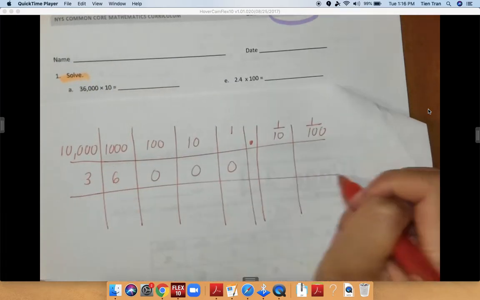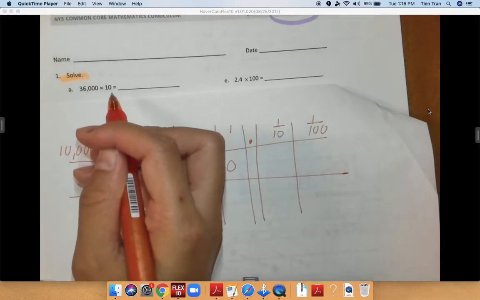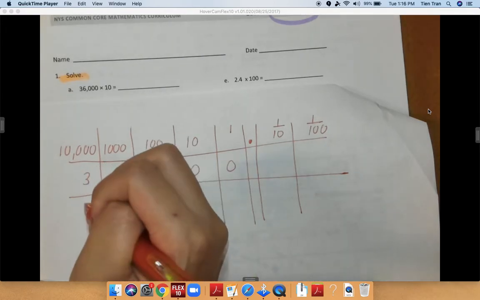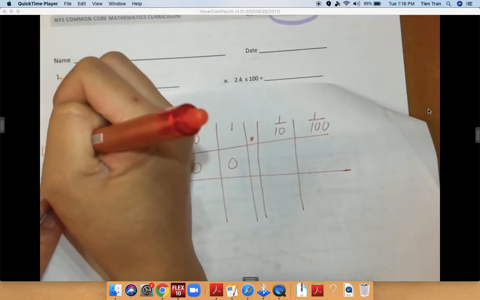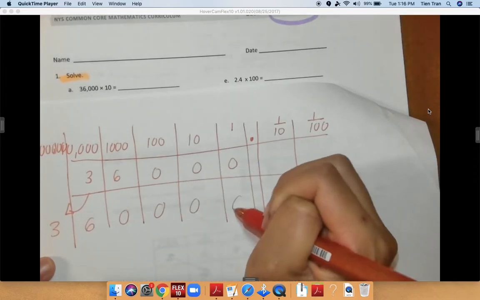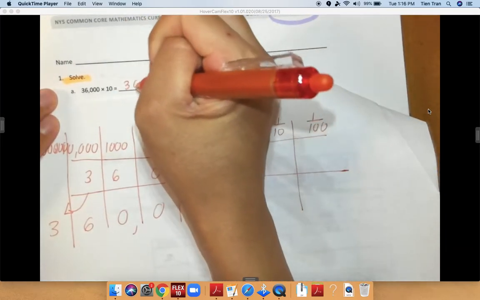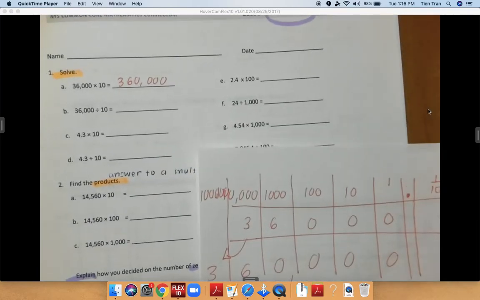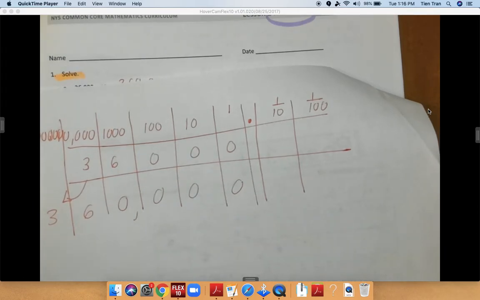Okay, so we have 36,000, and they ask you to multiply times 10. That means that you're going to move your number one time to the left. So my 3 is going to move up to 100,000. So my new number is going to be 360,000.